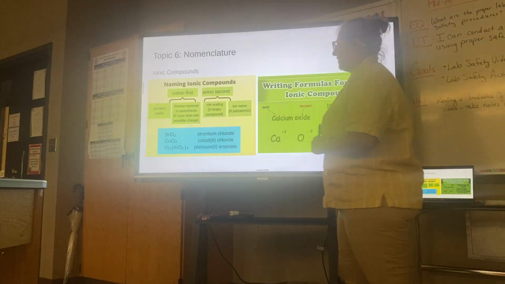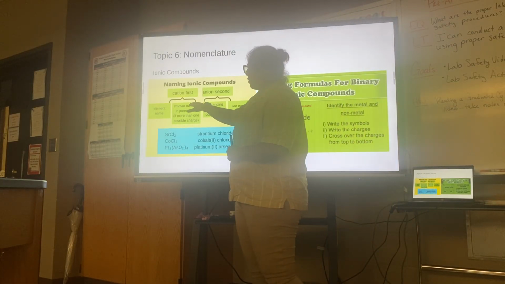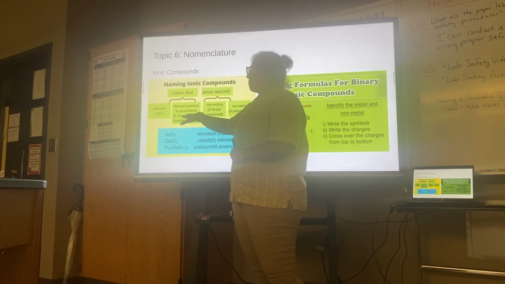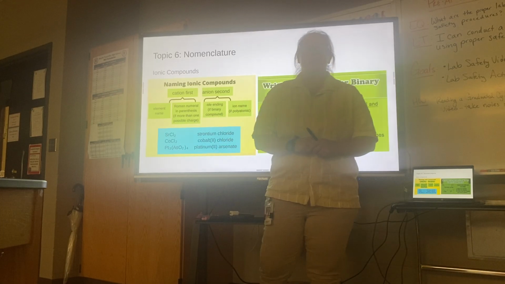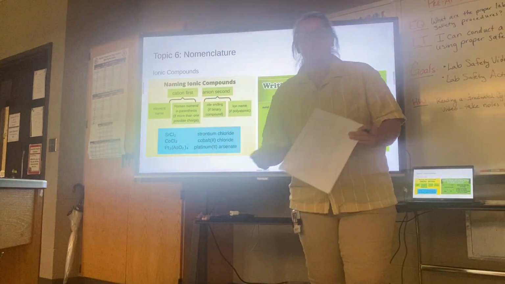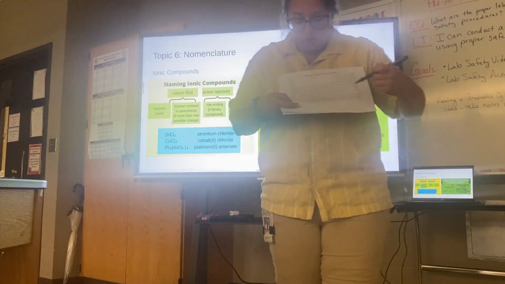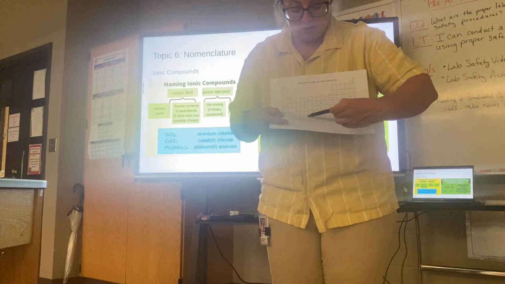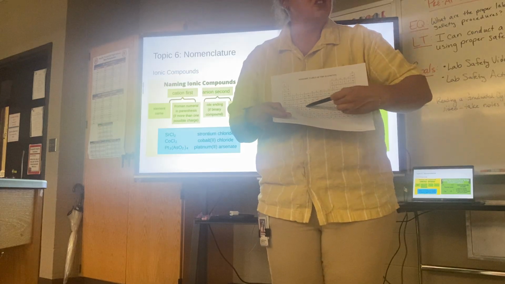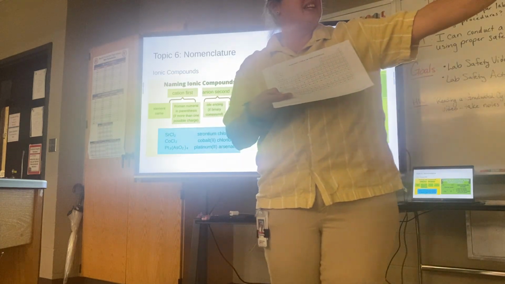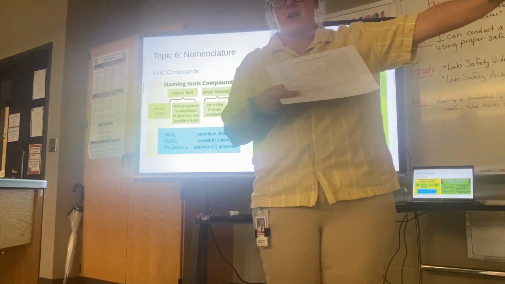When you see parentheses, that is a Roman numeral, represented if there is more than one possible charge. You might be asking, how do I know if there's more than one possible charge or not? If your metal is in what we call the D block, the one in the center, it is your yellow stuff on the periodic table.